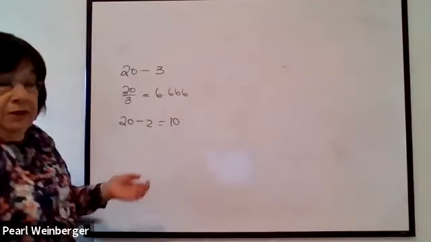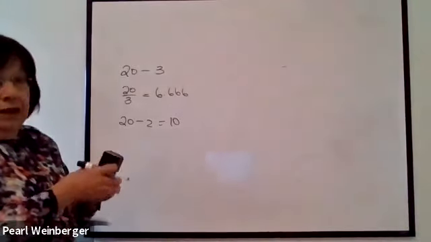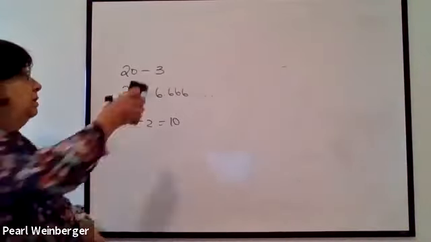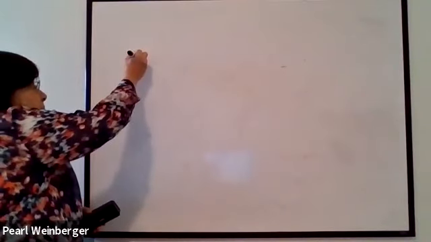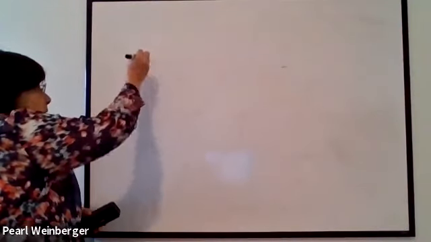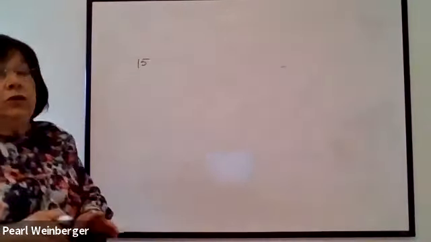Now, one of the things that we're asked to do with factoring is, let's say I gave you an example like this. Find the factors of 15. Now, I'm not telling you what to divide the 15 by.